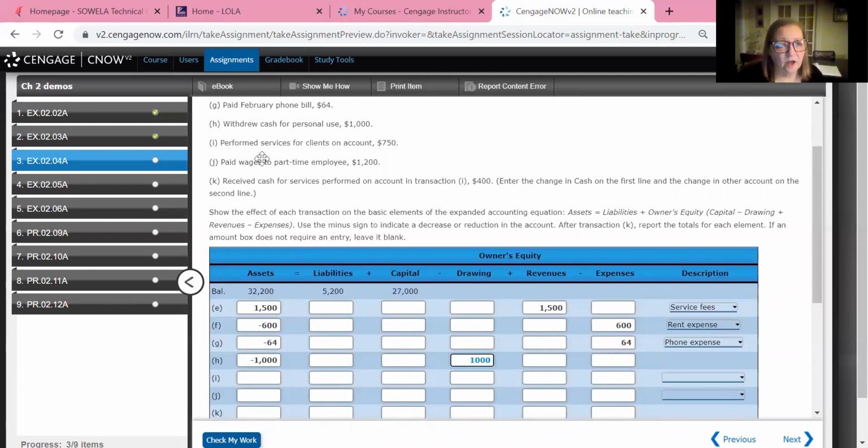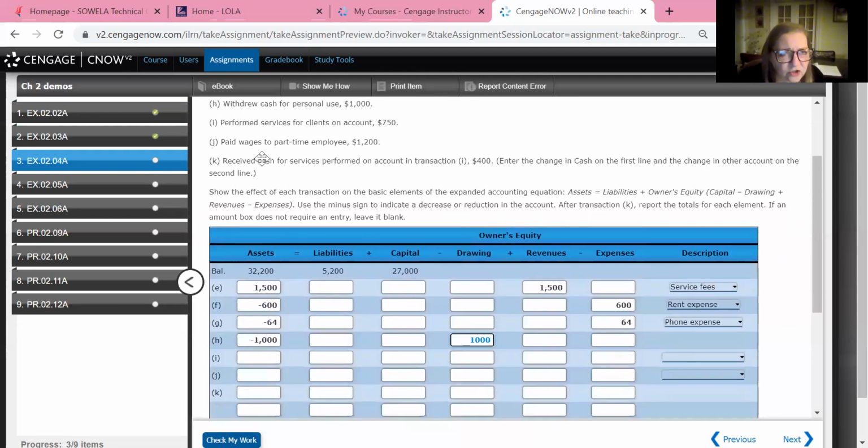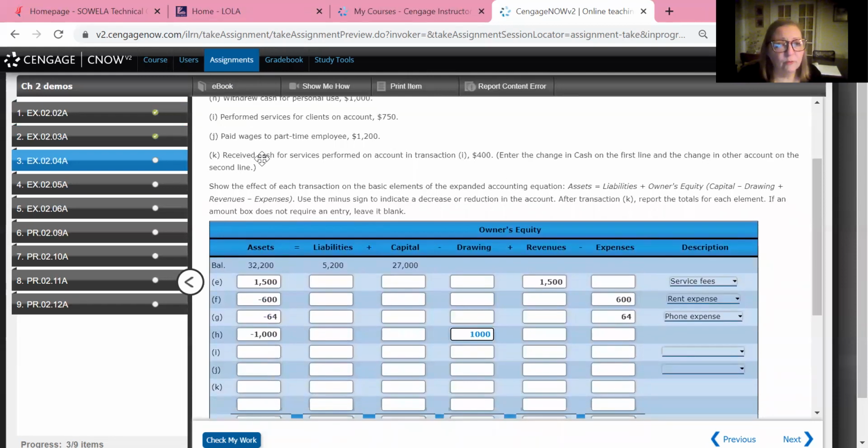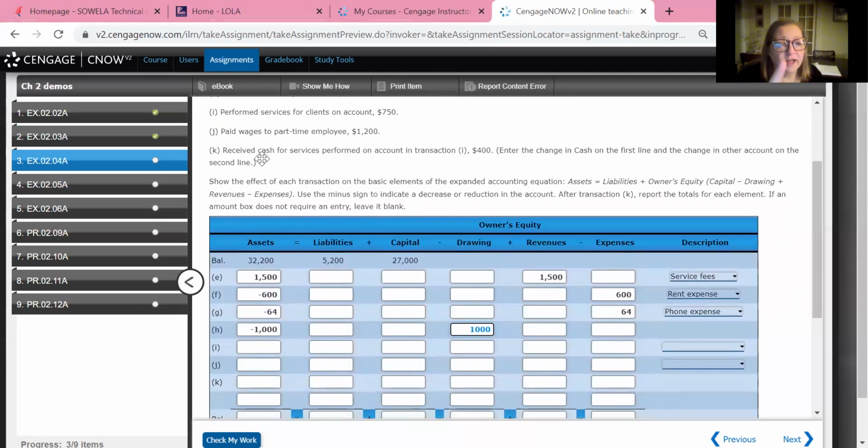Now, the next thing, it's I, okay? Performed services for clients on account. When they say they performed service on account, they're telling you they did not pay us yet. So what we've got is an accounts receivable from that client, but that's still an asset. So we're still going to put an increase in assets.